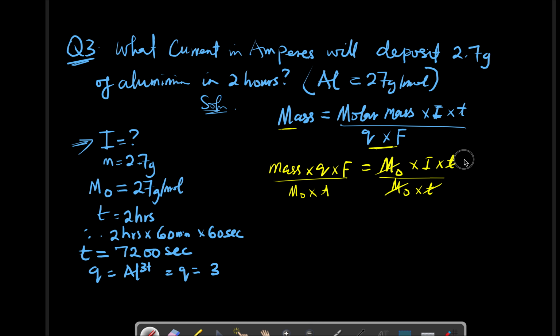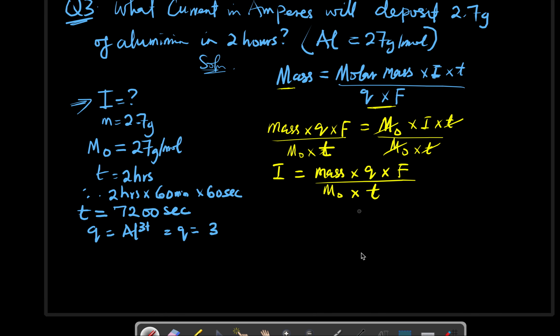This will also cross out this, leaving us with I. So that means our I, which is the current, is the mass times Q, that is the charge, times F, the Faraday's constant, divided by the molar mass times the time. Please, let's write that nicely. Okay, so you can see the new formula that we've coined, we got it from the original formula, making I the subject of the formula.